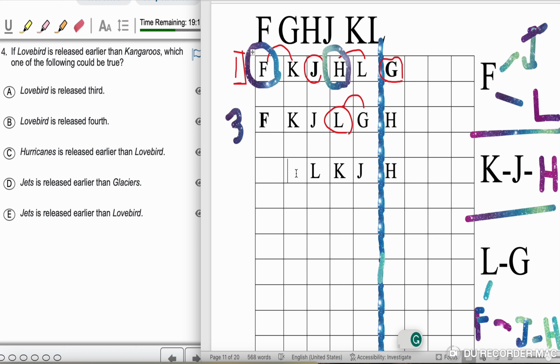L before G, so according to the rules, they want L before K for this question. So L, G, and then we put F here. This meets the standards. F, L, G, J, H, K is before the J and H. So here we have a game board where we have L before K. Let's see if we can answer this question.